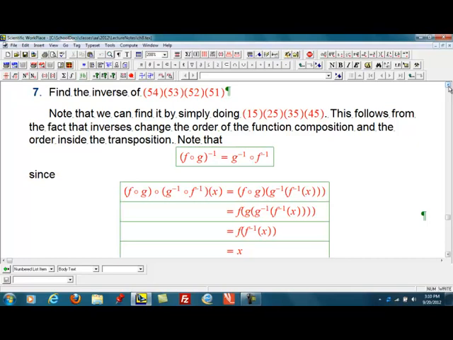How many products of transpositions do you have for each of those? How many do I have on the one list up there at number 7? 4 of them, right? How many do I have in the inverse? 4 of them.